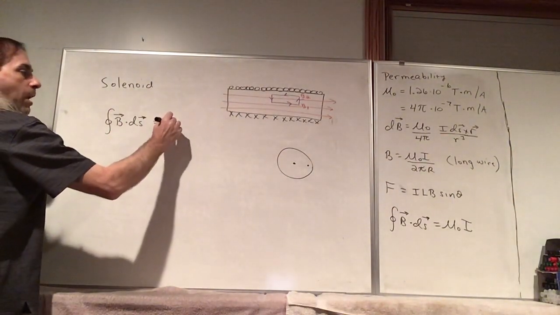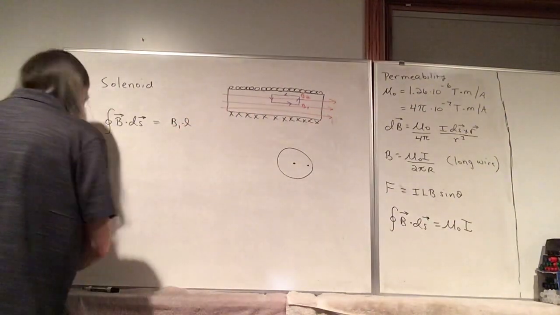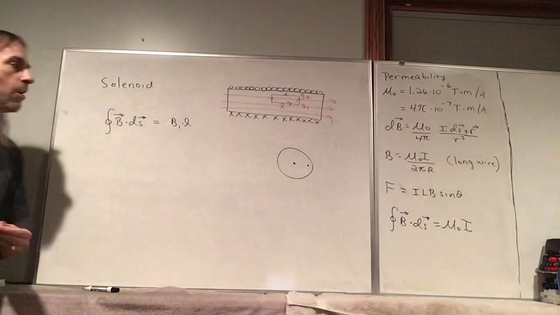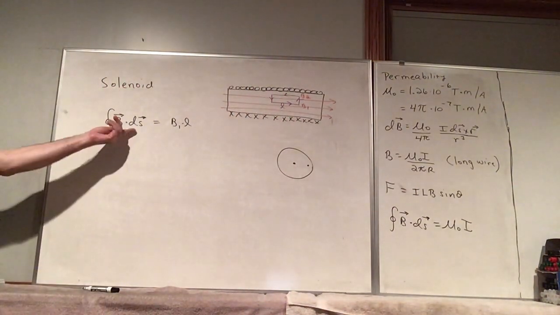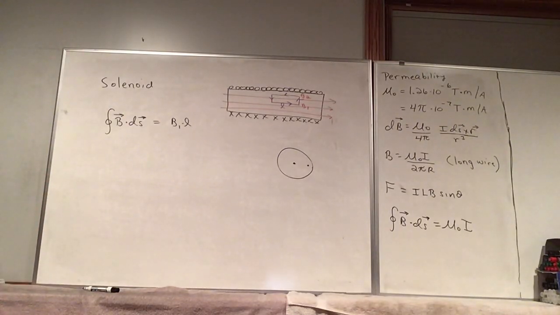That's going to be B1 times L, where L is the length of this line segment. The dot product B dot ds is just B ds, no vectors.